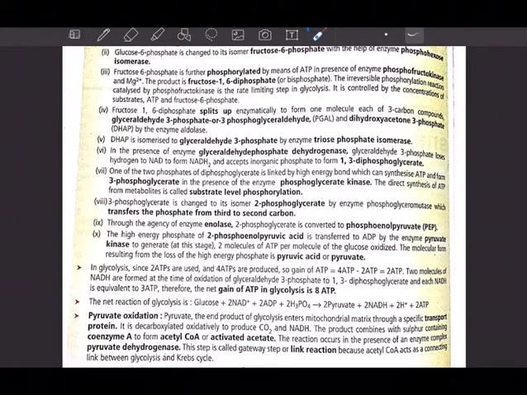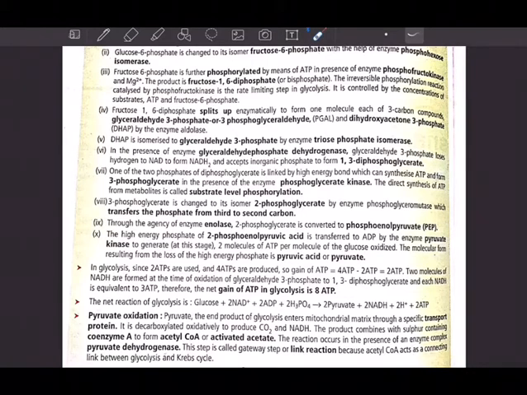Next, fructose 1,6-bisphosphate splits enzymatically to form one molecule each of 3-carbon compounds. One is glyceraldehyde 3-phosphate, 3-phosphoglyceraldehyde, PGAL. Another molecule is dihydroxyacetone phosphate, DHAP, and the enzyme involved is aldolase.